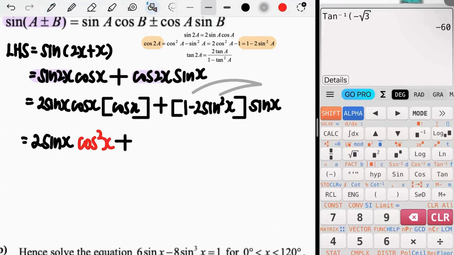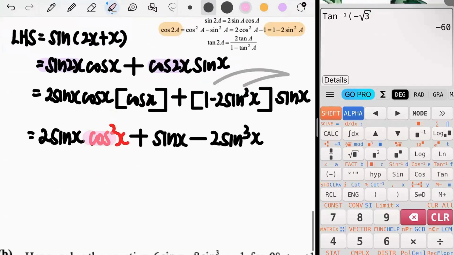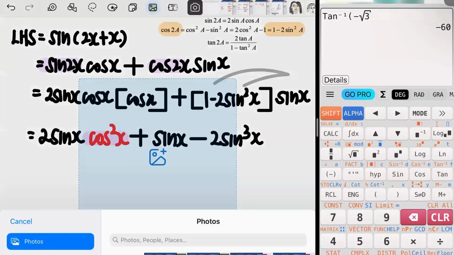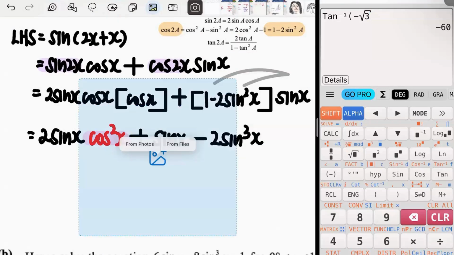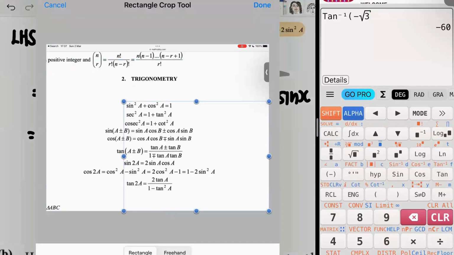Rainbow and rainbow from here. So this one here will be sine x minus 2 sine cube x. Good news, because you start to have 2 sine cube already. Almost there. So this guy here, why are you here? You don't belong here. We want everything to be sine. So cosine changes to sine, use the identity: sine square plus cosine square equals 1.